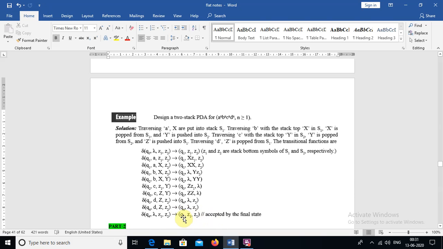In a PDA we have two options: we accept when we reach the final state, or when we empty the stack. Okay, so this is accepted by final state. Why? Because we reached the final state. From Q0 to QF we traveled the entire input string, and we reached the final state. So that is nothing but this language being accepted by a 2-stack PDA by final state.